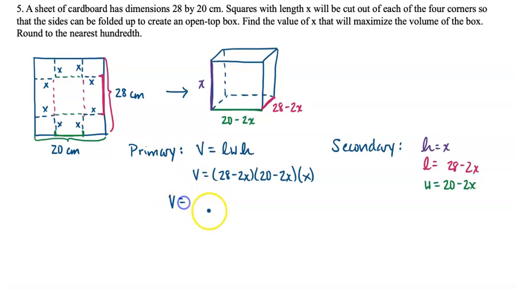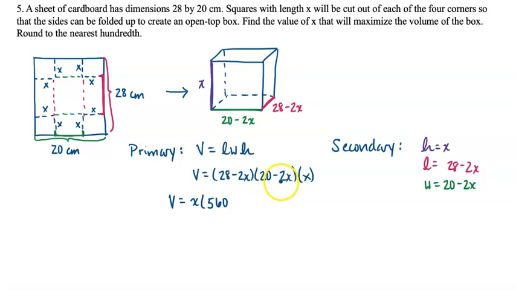So the volume is going to be, I'll start off by, I'll work with this x at the end, and then I'll just FOIL these. 28 times 20 is going to be 560.